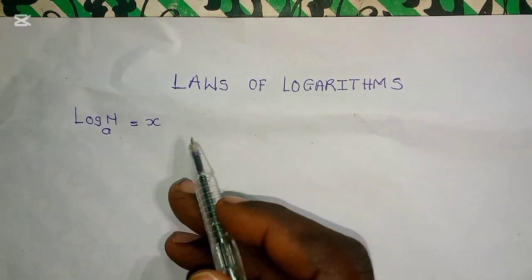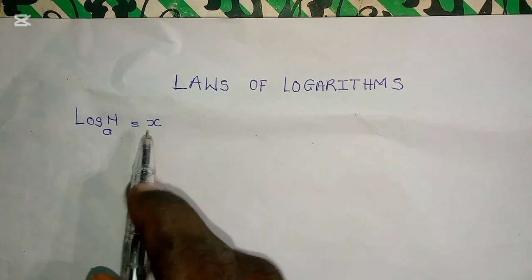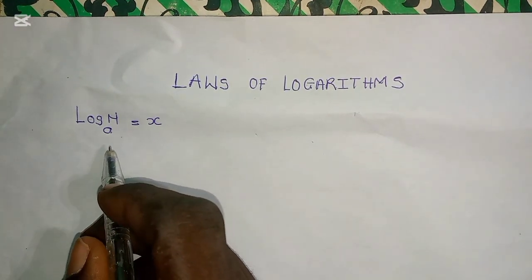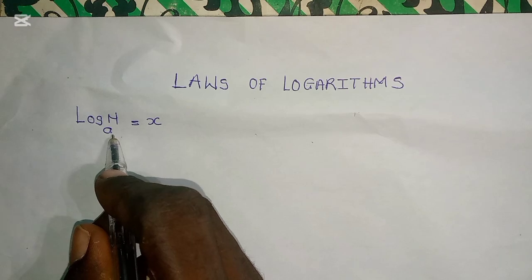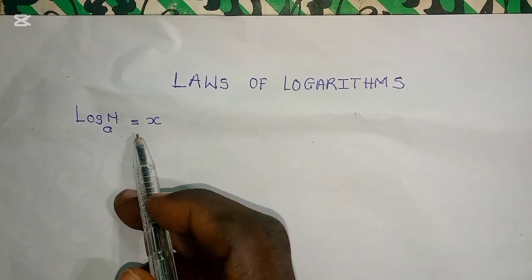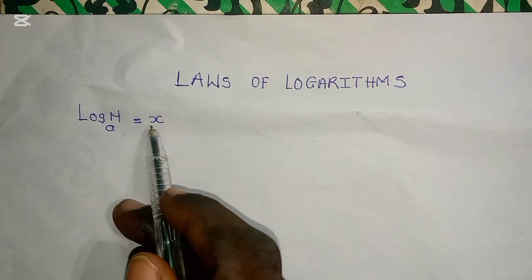I want you to know that the log of a number n with the base a is equal to the power to which a is raised in order to obtain n. So let log n base a be equal to x.